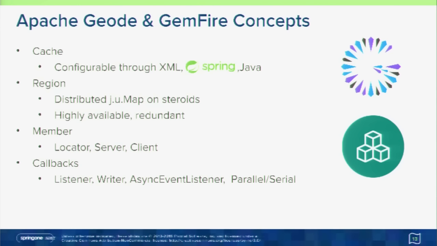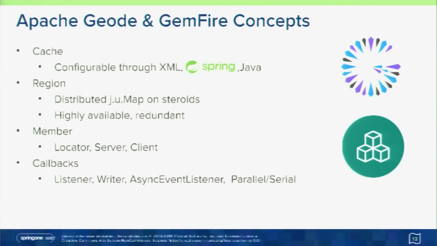Regions can be redundant, highly available, persistent, and all that. Most of the time when we are talking about GemFire, we leverage performance, and we are talking about in-memory, but that data can also be persisted on disk and in HDFS as well, right? It's just a matter of specifying a setting there.